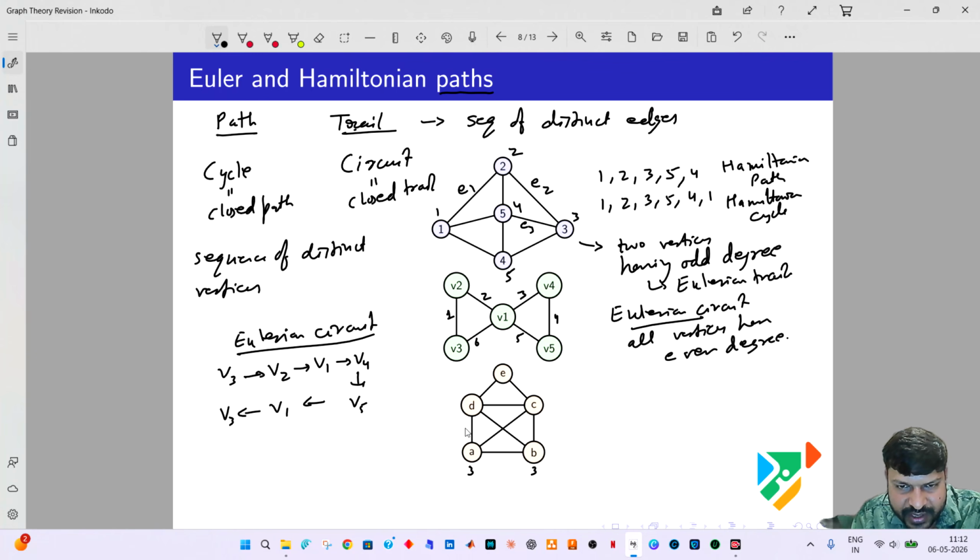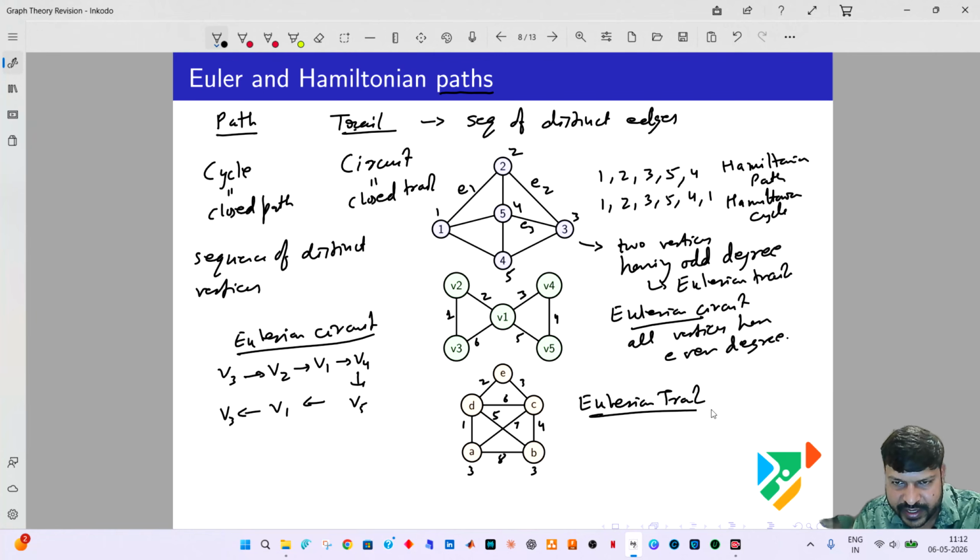You start from A to D, D to E, E to C, C to B, B to D, D to C, C to A, and A to B. So all the edges are covered. So you can write it down here.